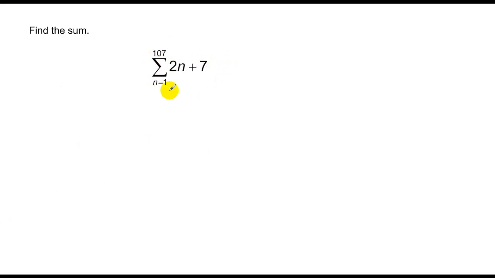So what I want to do here is find the sum of a series generated by this general equation, and they're going to be 1 to 107 terms, so a total of 107 terms. If I begin to do this, I plug in 1 and I get 2 times 1 plus 7, and that gives me my first term of 9.